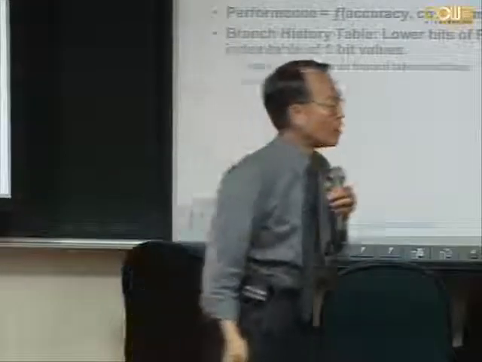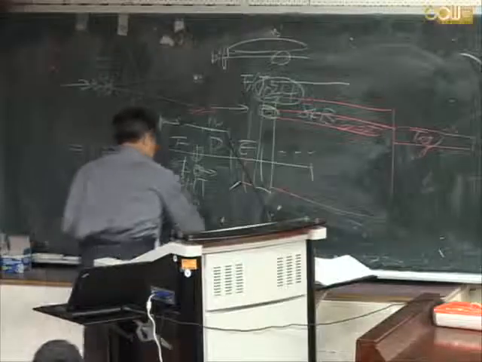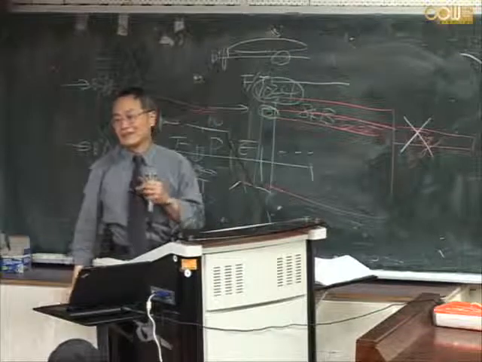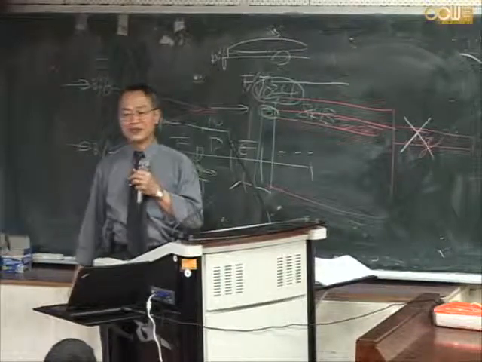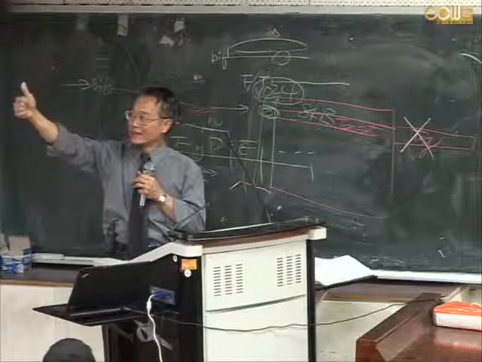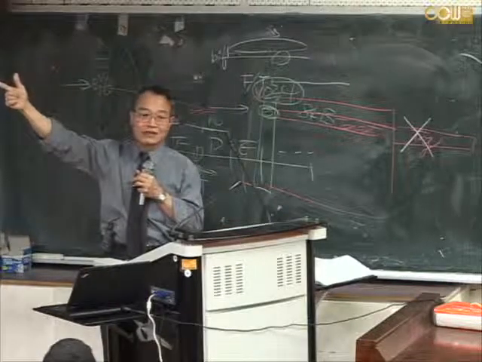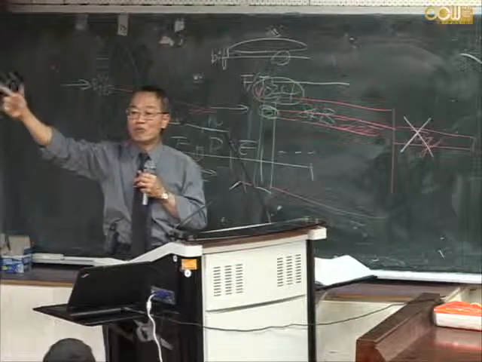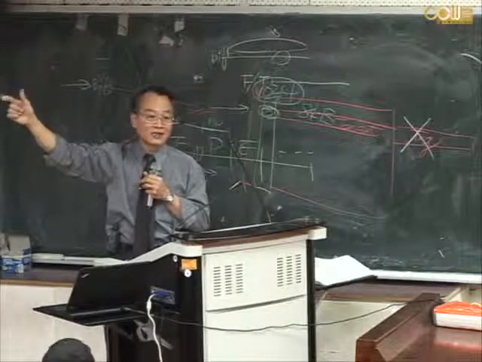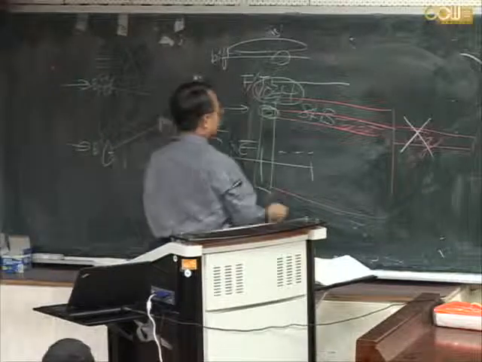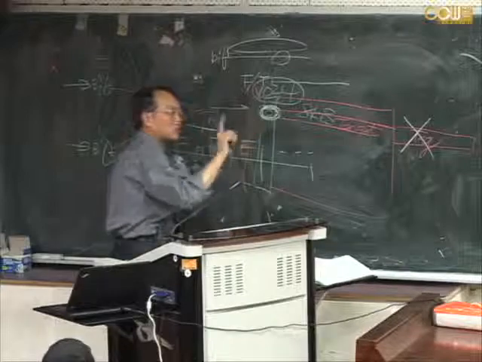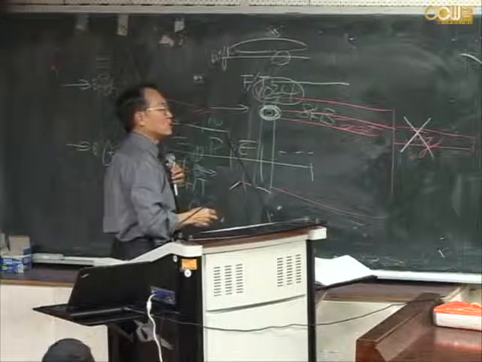Okay, what if I don't have this? That's fine, it's just like a wrong prediction. Remember, the path and the target both are important information for branch prediction, right? This indicates the predicted direction.